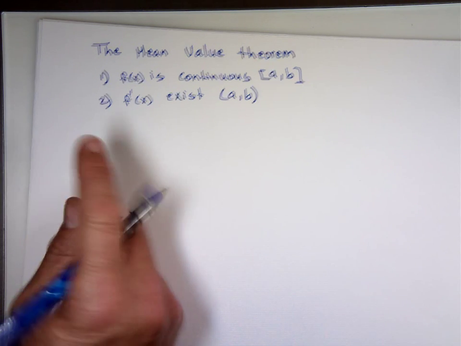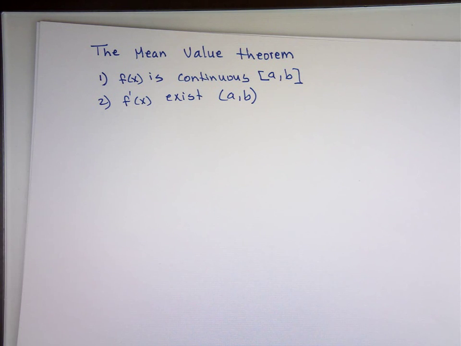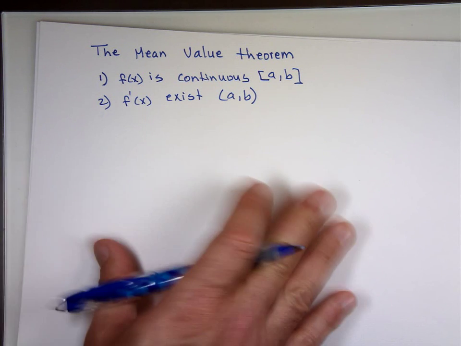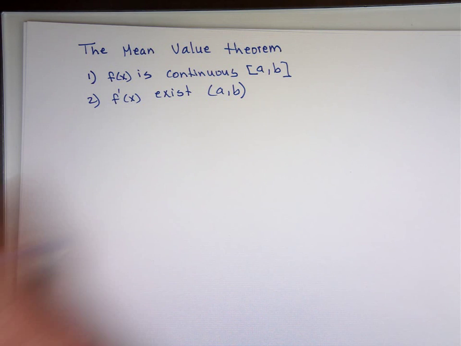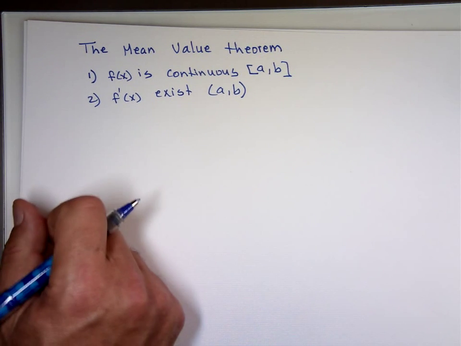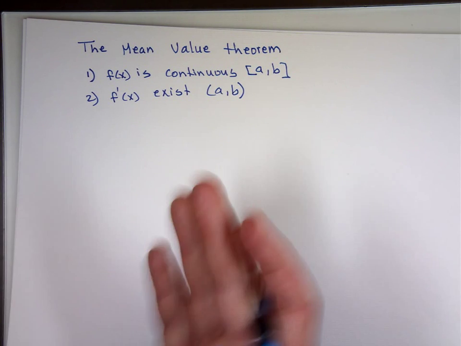And notice it doesn't say f of a has to equal f of b here. That's a different rule, a different theorem. There's no mention of f of a having to equal f of b. It doesn't actually have to be. It could be, but it doesn't have to be.